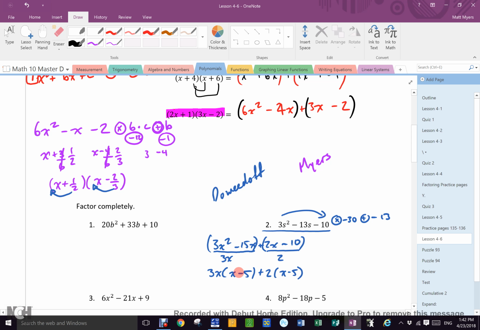And then we would see, oh, x minus 5 and x minus 5, they're common, so they go to the front. And 3x plus 2, x plus 2 would be the other factor, right? That's Duidoff.